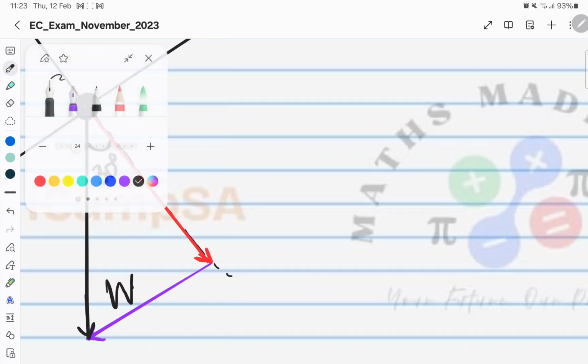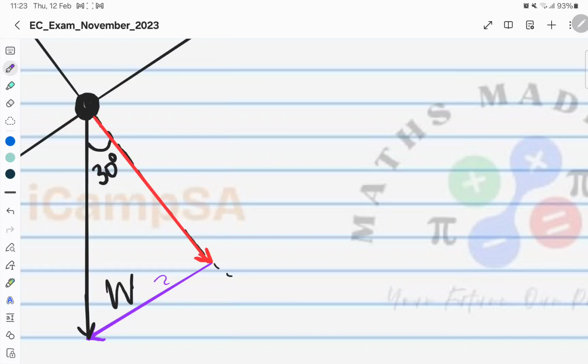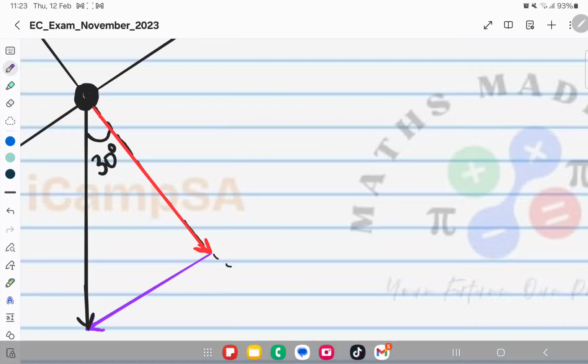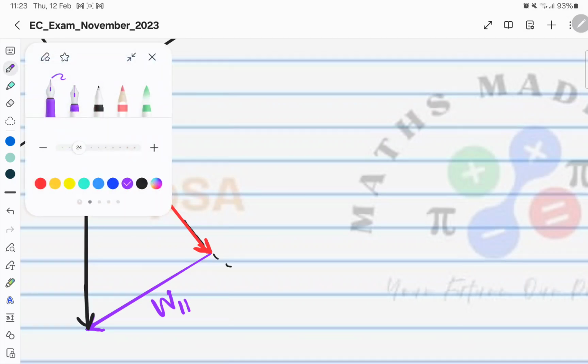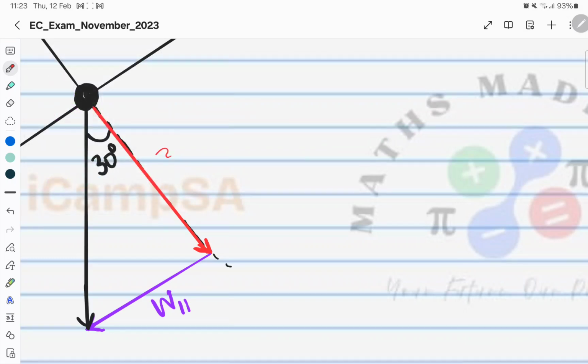But yeah, now you'll have your weight parallel. Some people call it weight x, the component of the weight in the x direction, and then the y component of the weight, which is usually what we call weight perpendicular.